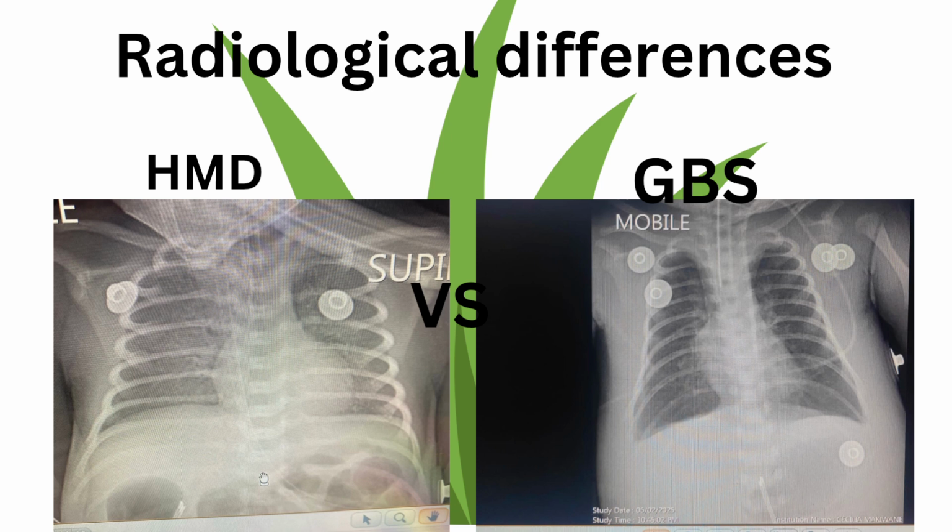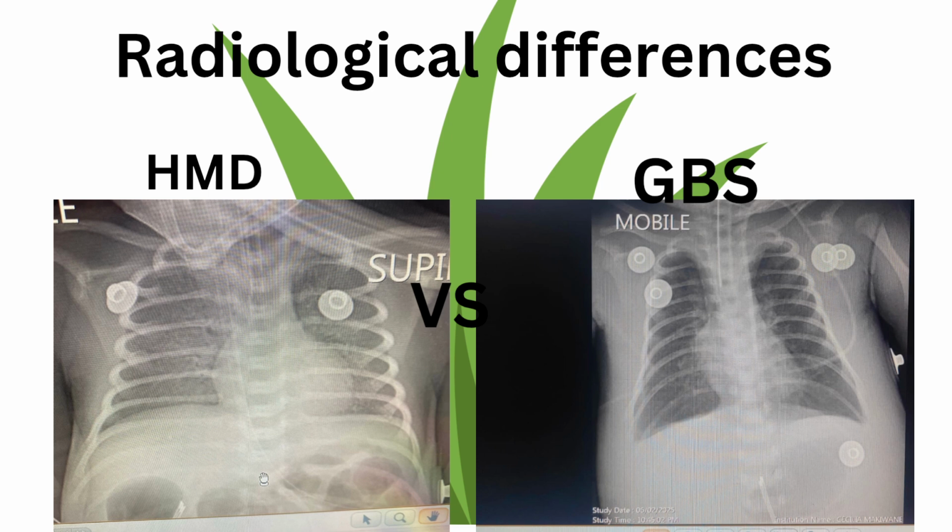You see this especially before putting an HMD patient on CPAP, because after they have been on CPAP for hours, you may actually miss the small lung volume because the CPAP has recruited some of the alveoli that had collapsed.